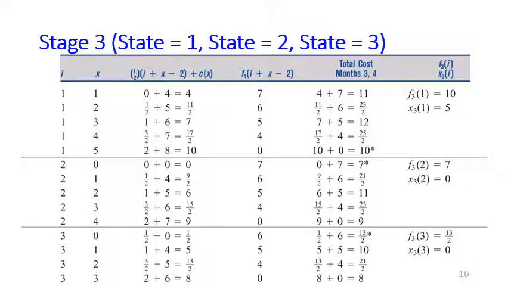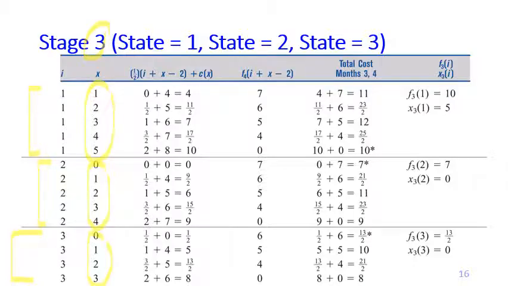Now do the same thing with state 1. If we have 1 unit as the beginning inventory of month 3, then do the same thing if we have 2 items, and then if we have 3 items as the beginning inventory at month 3. Please be careful at determining the possible decisions corresponding to each month.